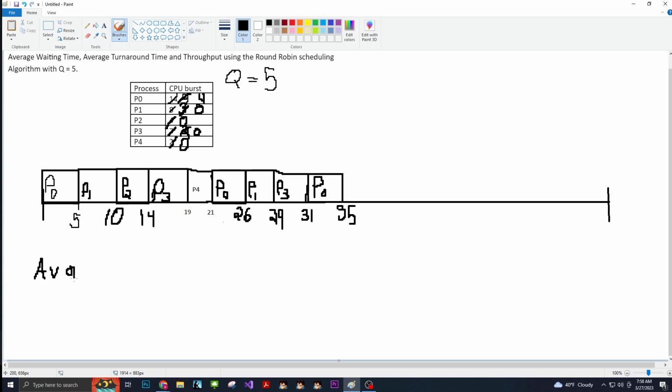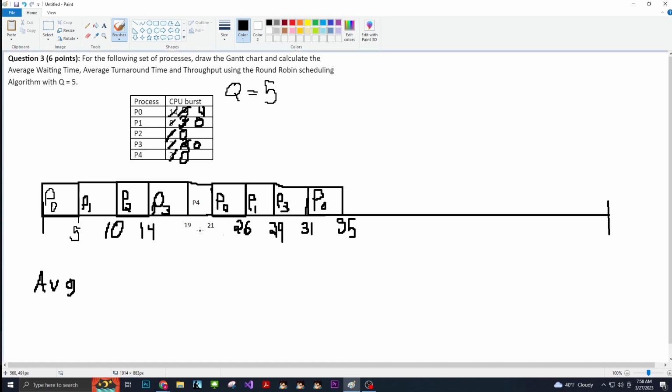So to calculate the average waiting time, we need to look at where the process starts on its last rendition and subtract that by the quantum. That is how I understand it. I think I'm right, but just refer back to your notes. I know my Gantt chart is most likely right. It's just these calculations might be wrong. All right, but let's continue the show.